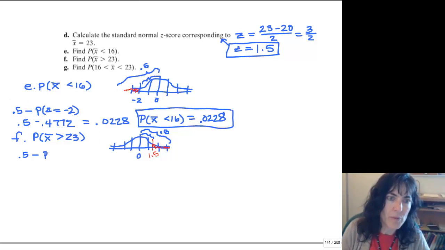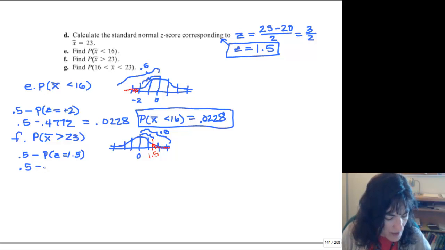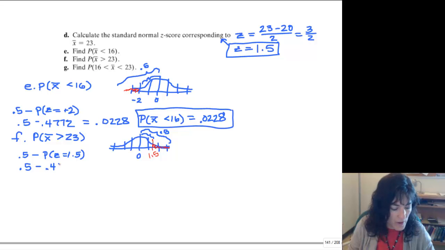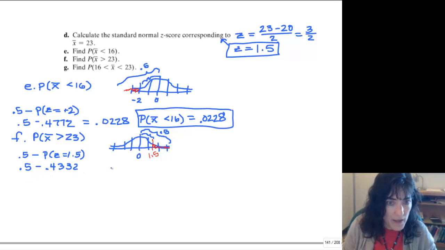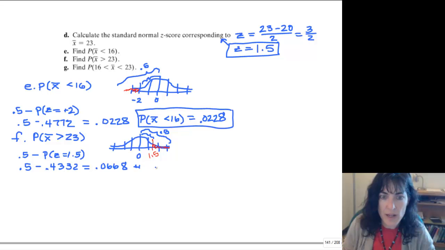So up here I was looking for the probability that z is negative 2, and here I'm looking for the probability that z is 1.5. Okay, and so when I look that one up, 0.5 minus 0.4332, then I get 0.0668. So the probability that x bar is greater than 23 equals 0.0668.